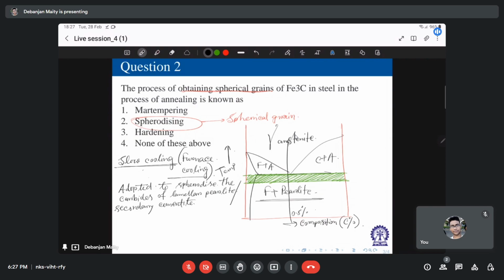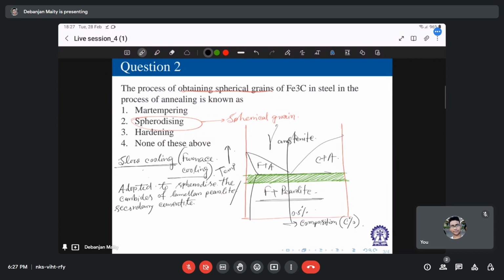This is also done to transform structures such as the hard and kind of brittle structures like martensite or troostite or sorbite. These kinds of structures can also be transformed through spheroidized annealing.